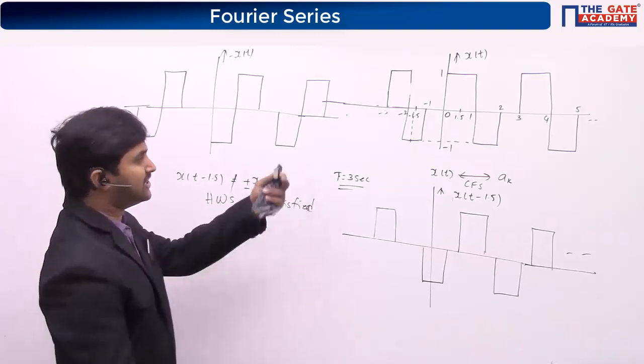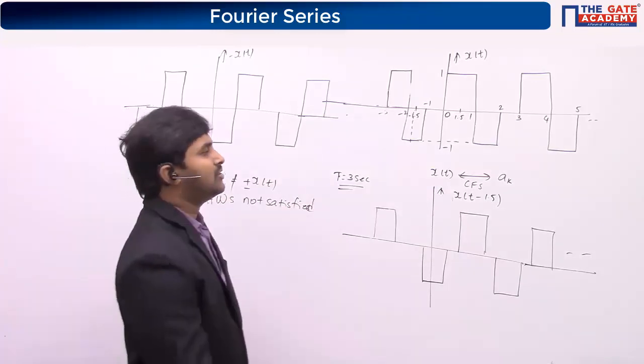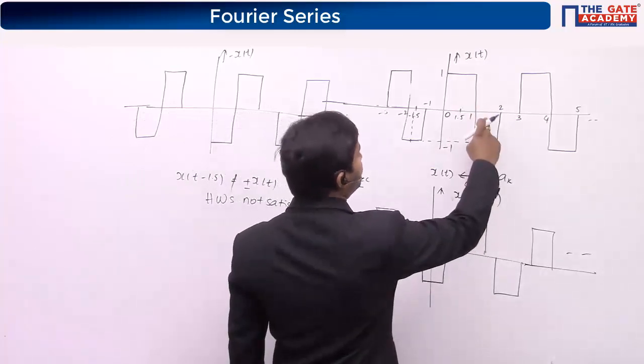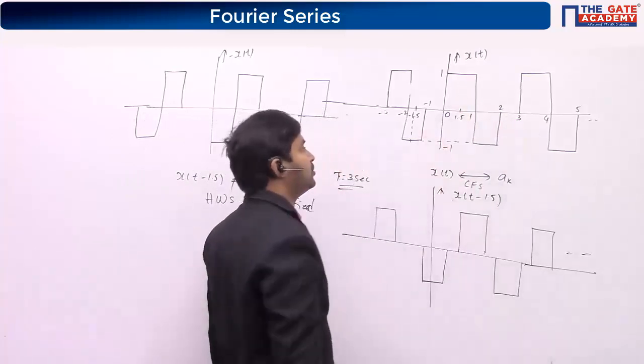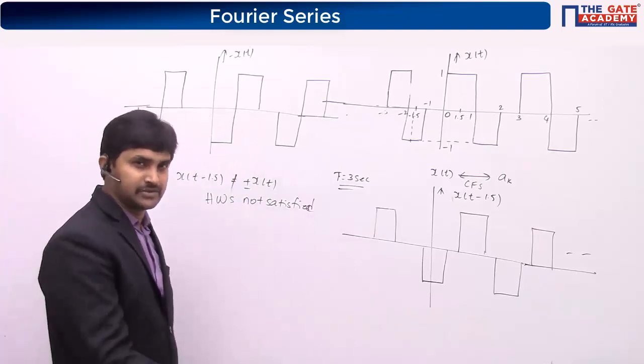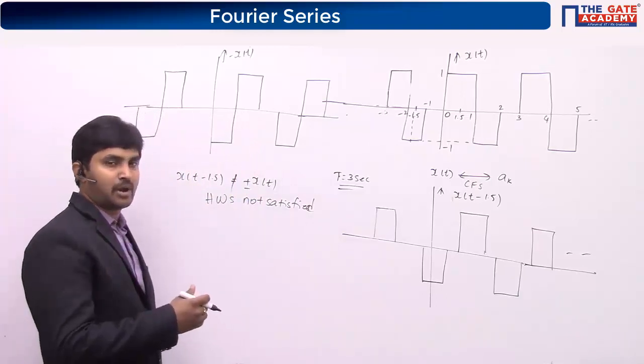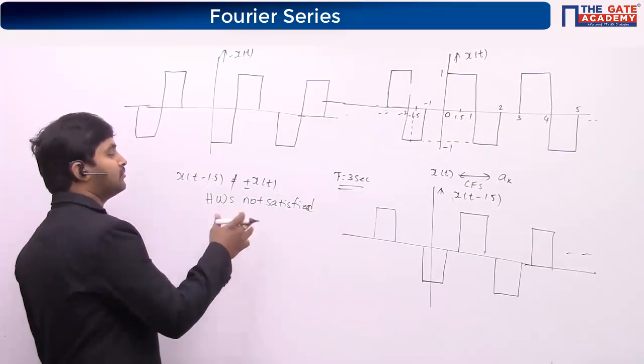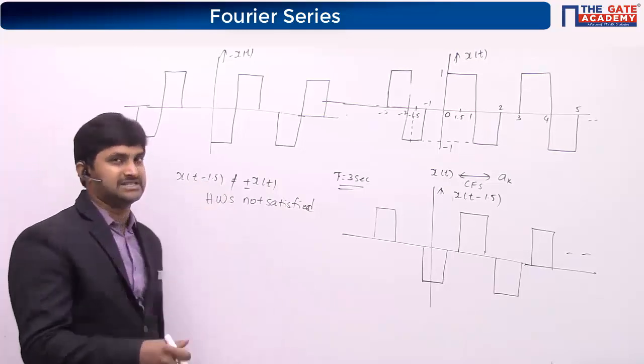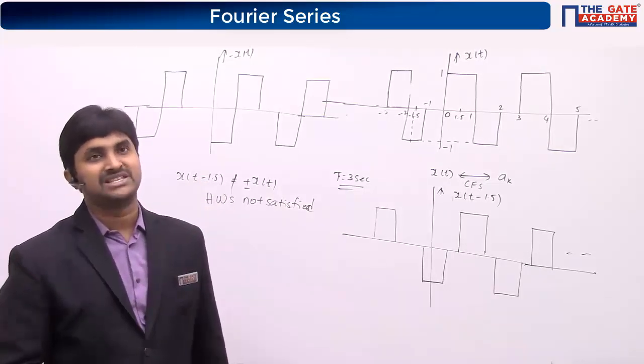Quickly you can check the DC component of the function. The DC component itself is also 0. So the problem is not with hidden half-wave symmetry. The problem is that this signal doesn't have any half-wave symmetry.